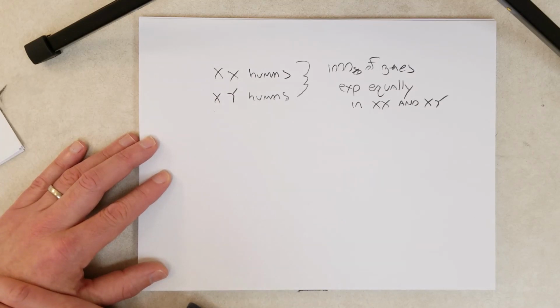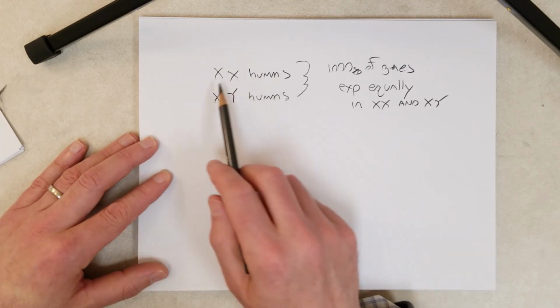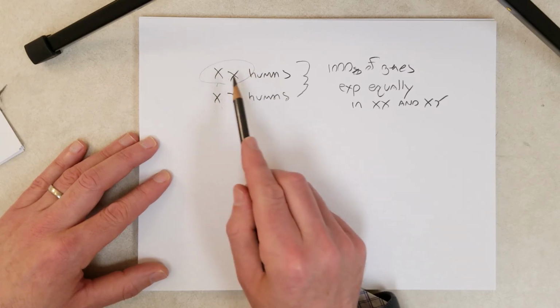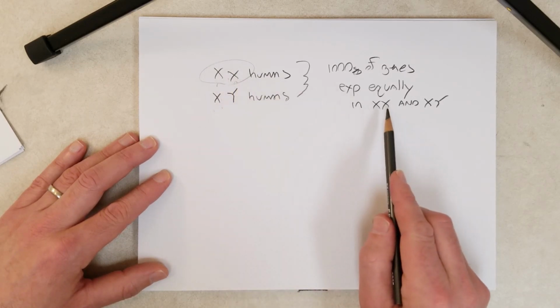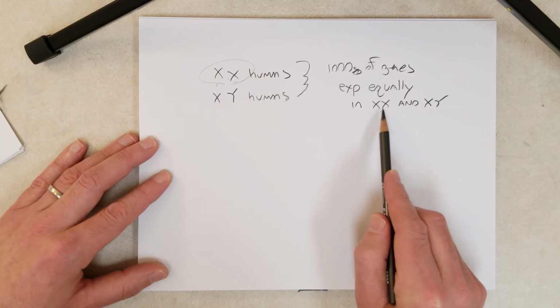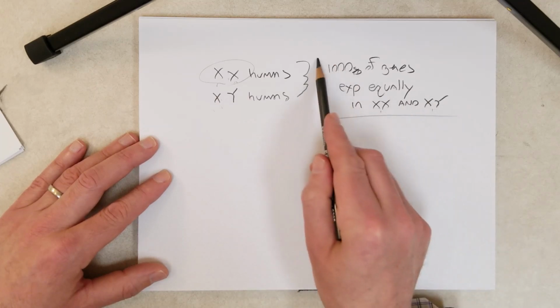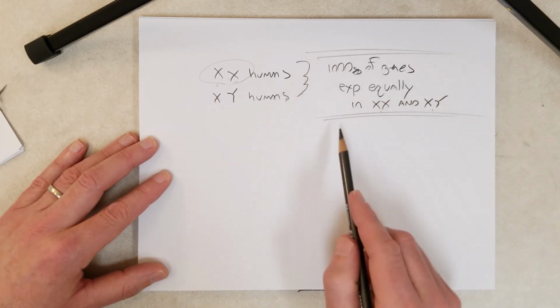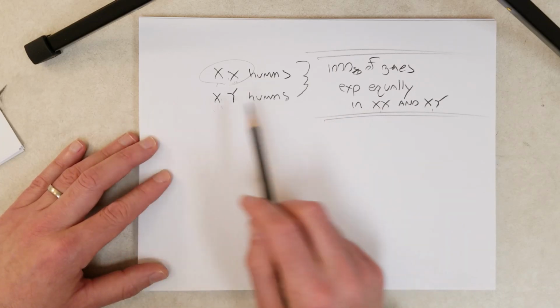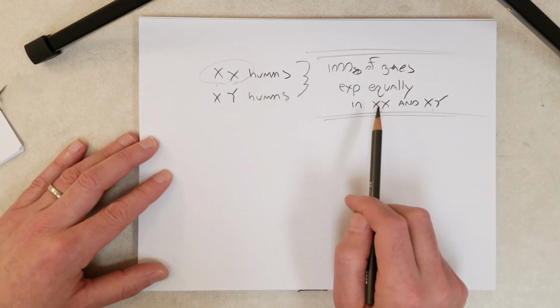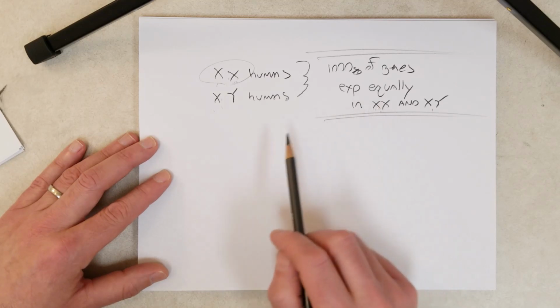Without this dosage compensation mechanism, there'd be an imbalance. We'd have more of the X gene products in genetic females than in genetic males. And apparently that's bad. So evolution has come up with a way to balance the expression of genes from the X chromosome in males and females.